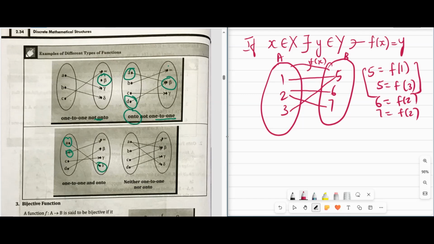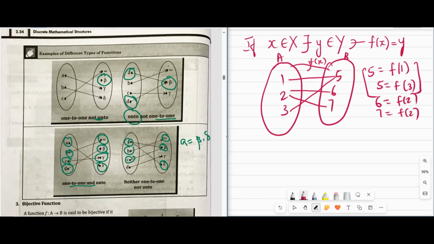Then here we have every element of the domain has one image. So it is one to one and onto. Then element a has two images, that is beta, and so it cannot be one to one. Now for onto, every element of the codomain has a pre-image.